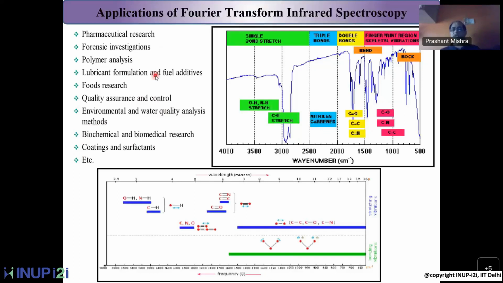So you can also do IR microscopy. In IR microscopy, you focus your beam on a particular place, and then you can record the composition. Suppose I have a material which is made up of a couple of layers. Each layer can be analyzed. There is no other way you can analyze it other than focusing on an individual layer and then finding out its spectrum. So it's a very powerful tool.